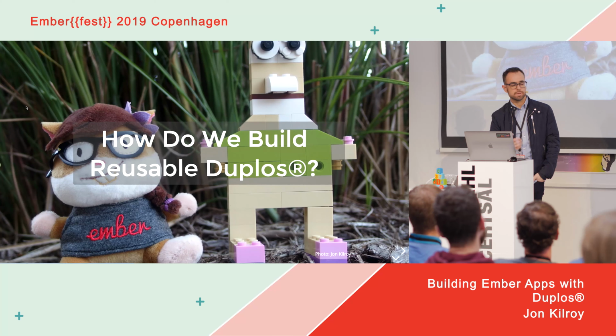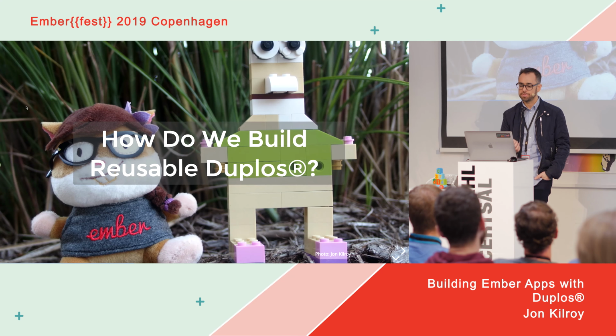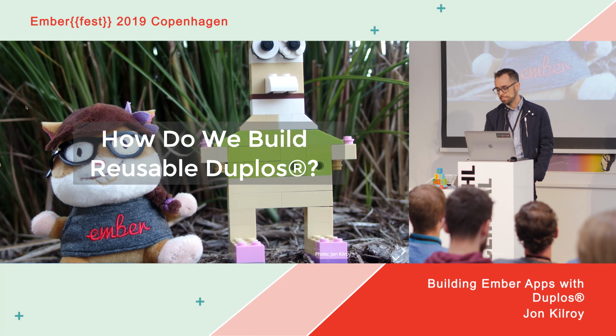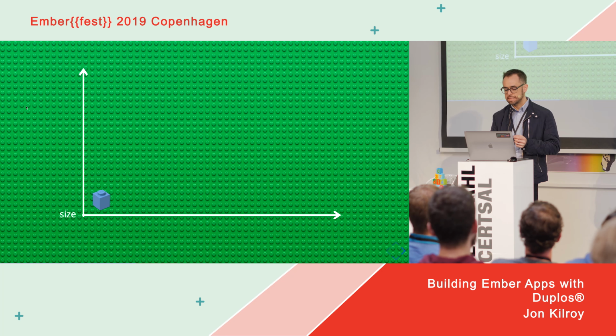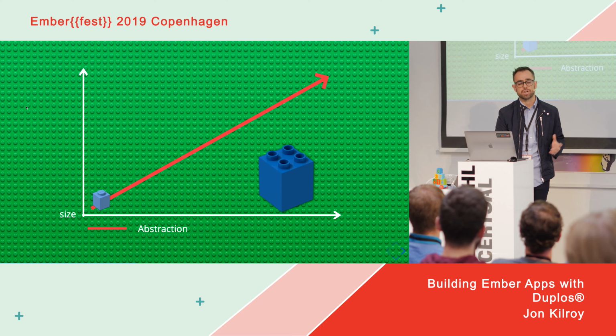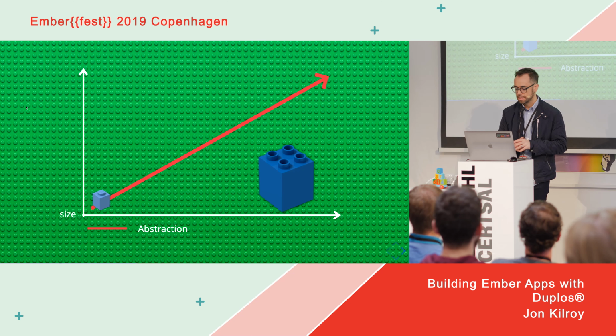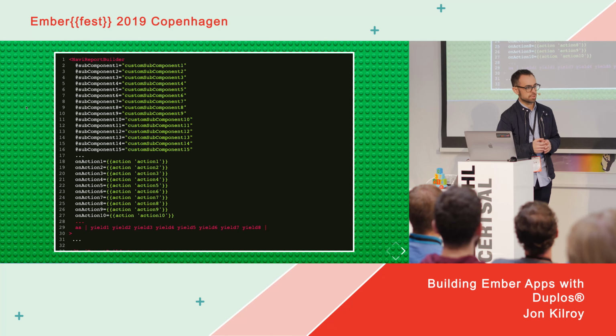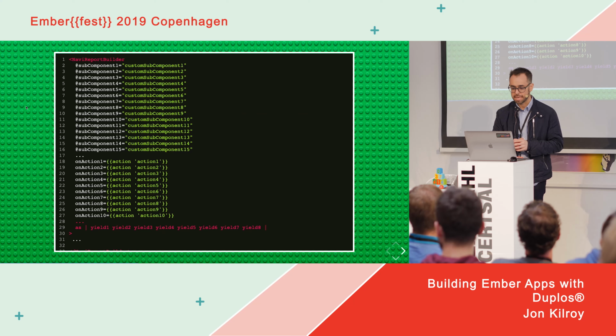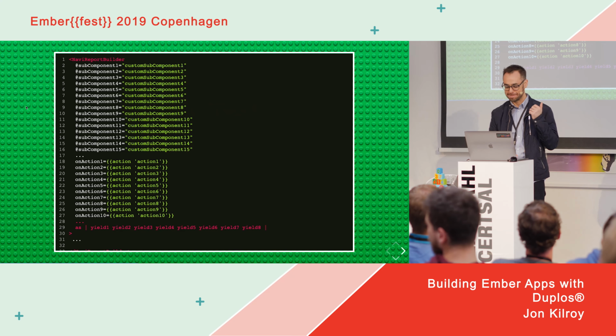So how do we build Duplos that are both useful and reusable? Because typically when you build a library, as it grows in size, usually the abstraction grows, and that's great for developers. But also, the flexibility becomes very difficult. Often we're tempted just to increase the surface area of our API, and no one wants to program to this, right?